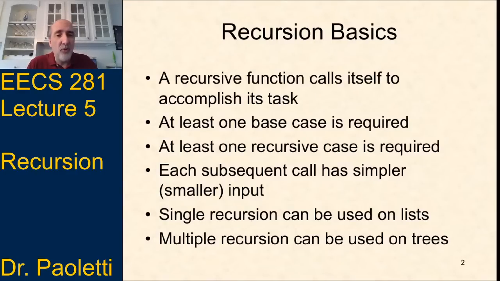When we have a tree, we would use multiple recursion, where we might say, let's print out what's in this node, and then we'll make a recursive call to the left, and then a recursive call to the right. So when we do trees using recursive algorithms, we'll often have multiple recursive calls. And there are other cases where we might have multiple recursive calls.